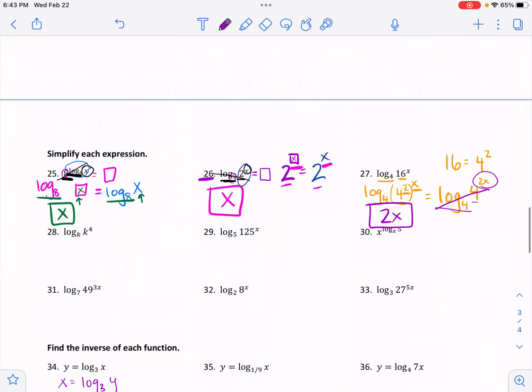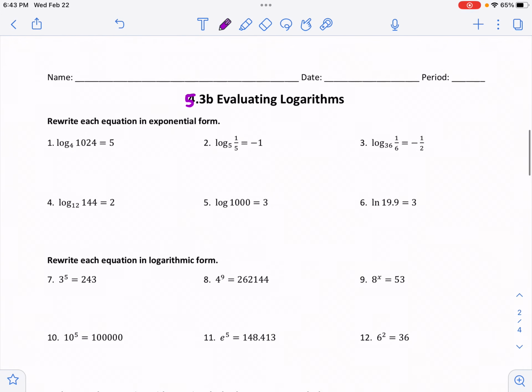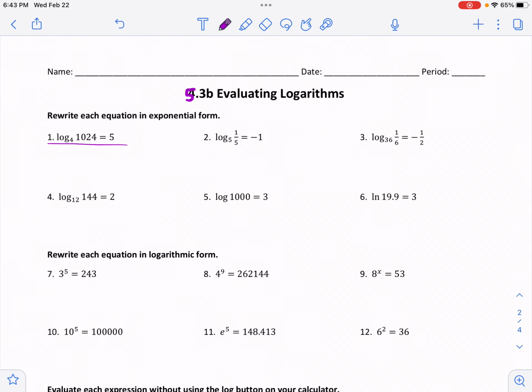If you remember back from the very beginning of this assignment, when we had, for example, problem 1, log base 4 of 1024 equals 5, we said that our base of 4 went to the 5th power because remember how the answer to a log is the exponent, so 5 was our power, and that equaled the 1024.